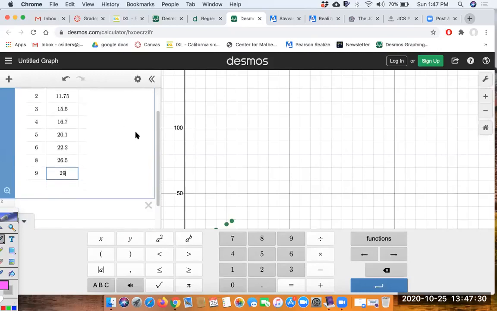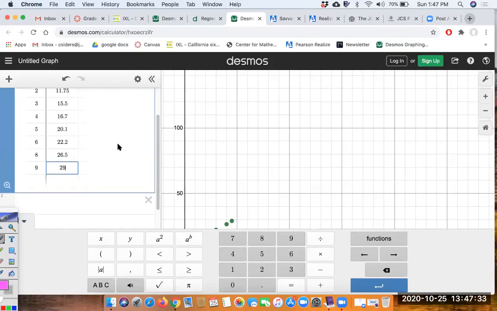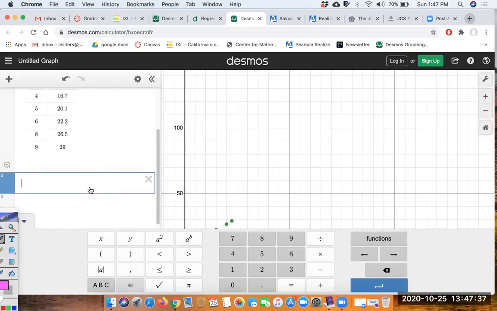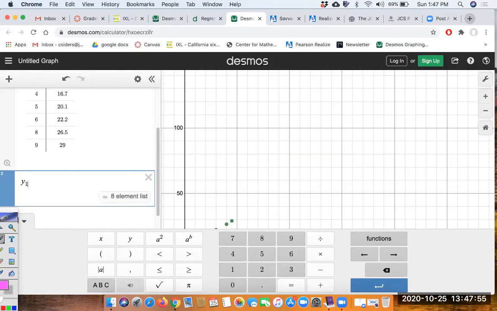And then I'm going to have Desmos write the equation. So I'm clicking underneath on the second line, open a new text box, and now you have to put in the format of the equation. Here's how it works. You're going to type y, and then hit your shift key and your underscore, and that brings up a subscript. It's called subscript 1, y sub 1.